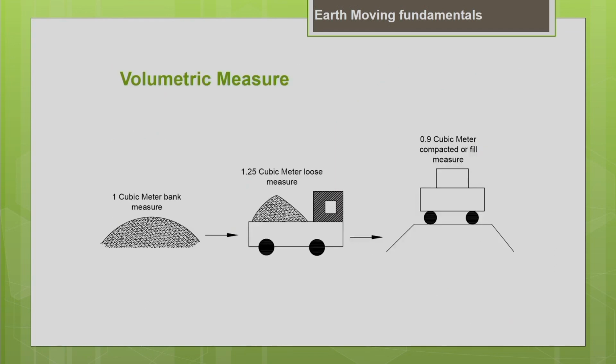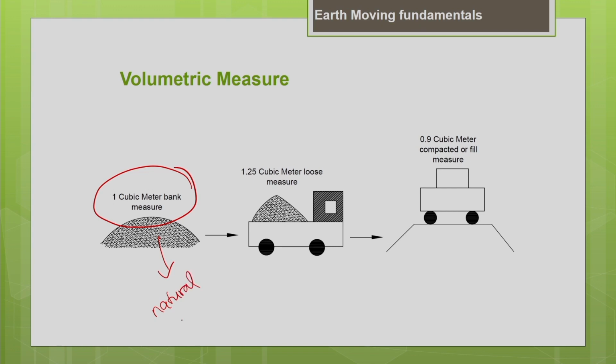So what are the other different ways of expressing the volume of the material? You know that the same quantity of material can occupy different volumes based on how you handle the material. Say this is 1 cubic meter of material volume in the natural state of the material.